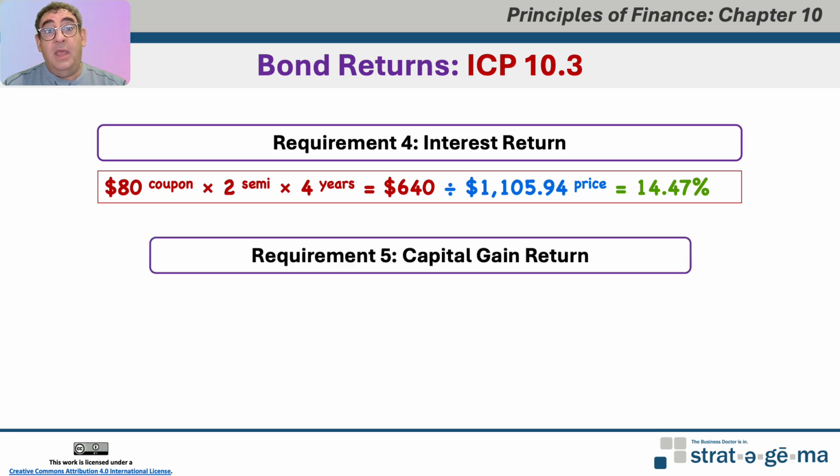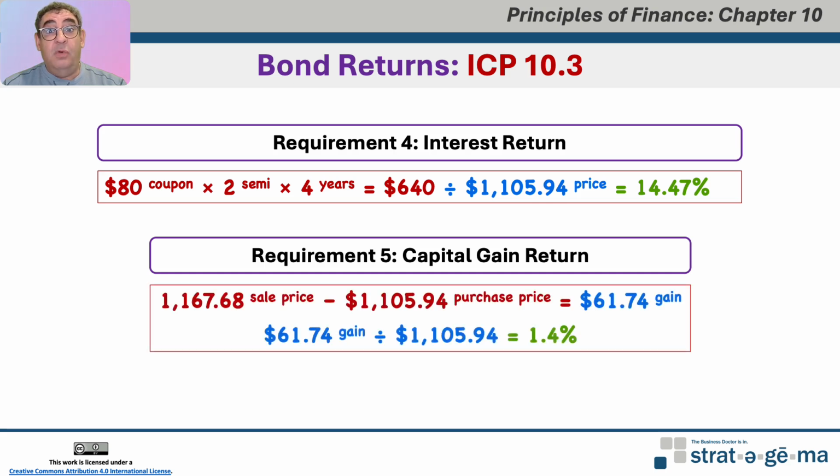For requirement 5, the capital gain return, this is the difference between the price we sell it for in 2028 minus the price we purchase it for in 2024. So $1167.68 sale price minus the $1105.94 purchase price is a net gain of $61.74. We then take that $61.74 gain, divide by the original purchase price of $1105.94, and that gives us a capital gain return of 1.4%.